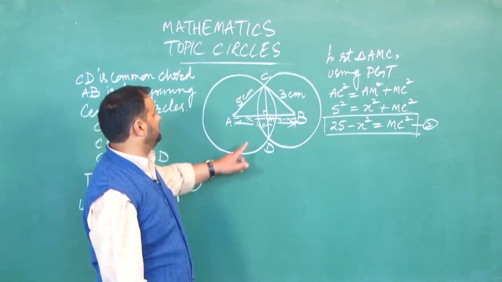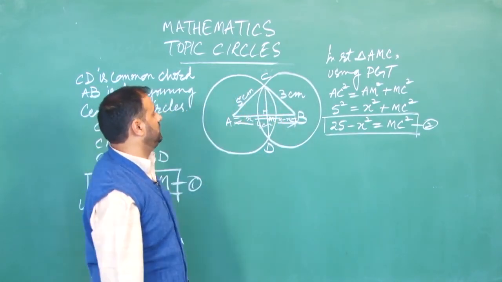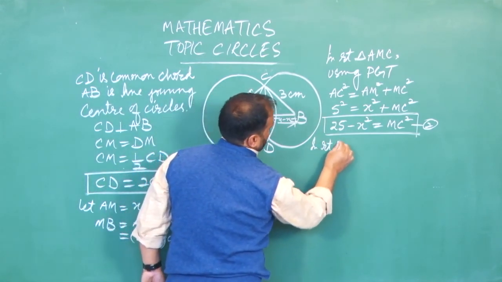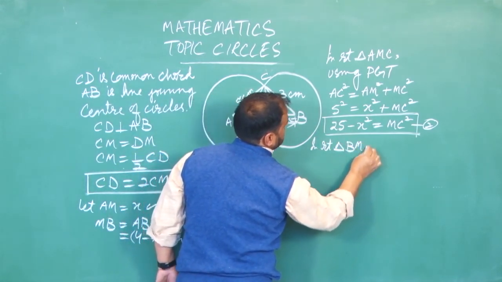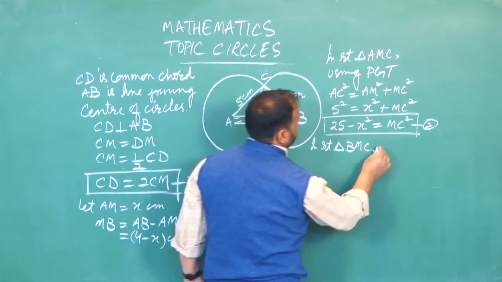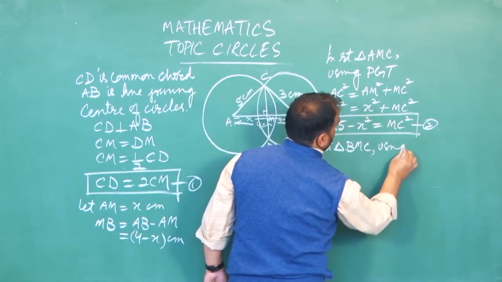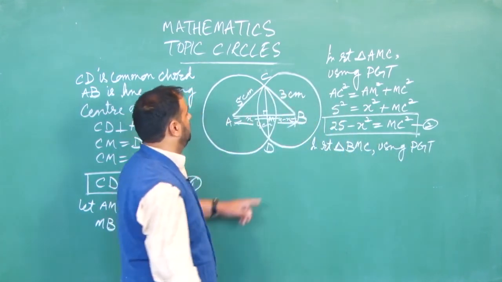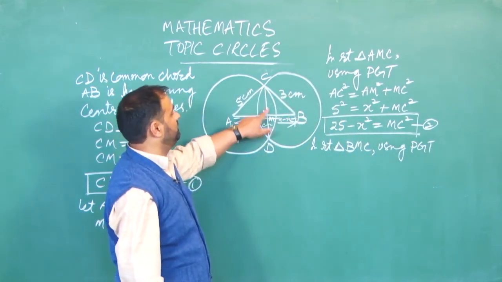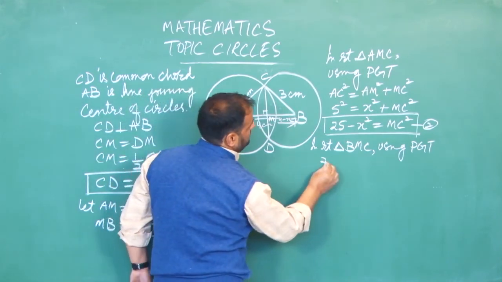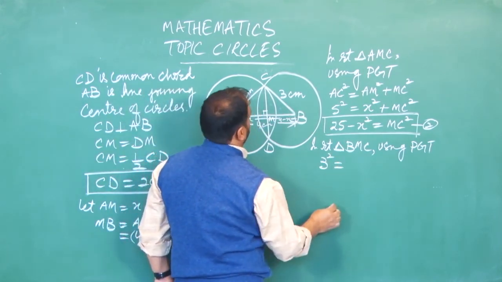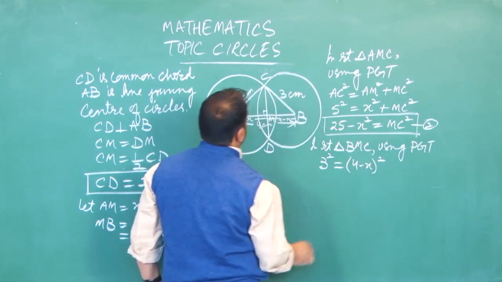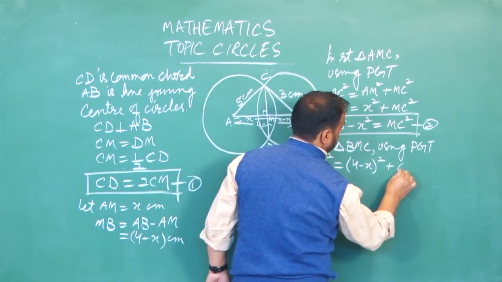Now, we can take another right triangle BMC, and using the Pythagoras theorem, we get BC square is equal to BM square plus CM square. BC square is 3 square, BM square is (4 minus x) whole square, and CM square as it is.